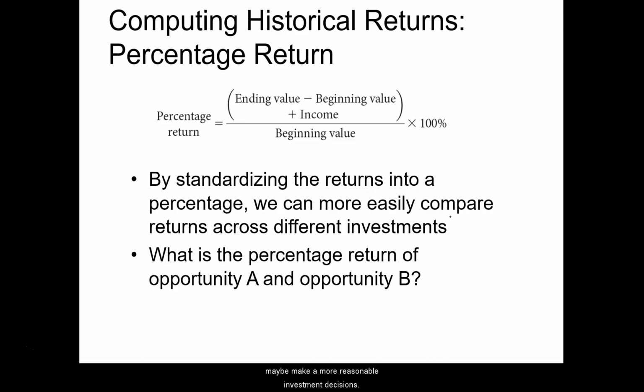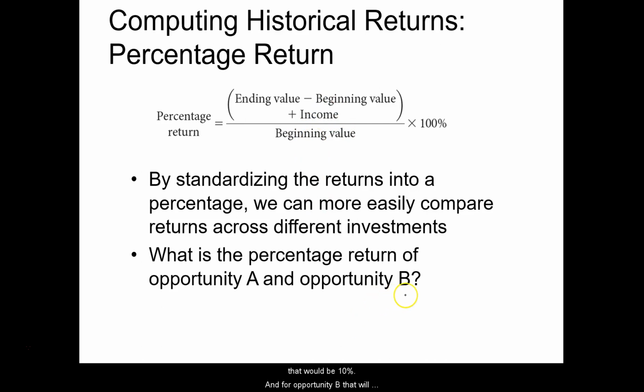reasonable investment decisions. If you think about the percentage return of the opportunity A and opportunity B that we just talked about in the last slides. So for opportunity A, the percentage return will be $100 out of 1,000. That will be 10%.